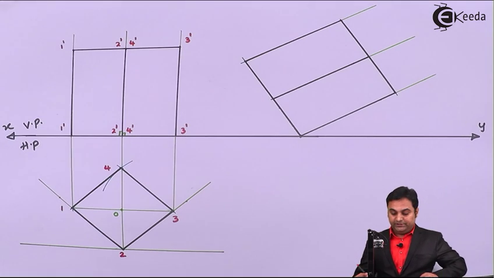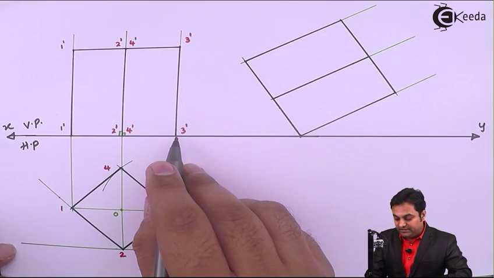Then I'll mark the notations over it. The corner on which it is tilted, that is corner 3 dash.